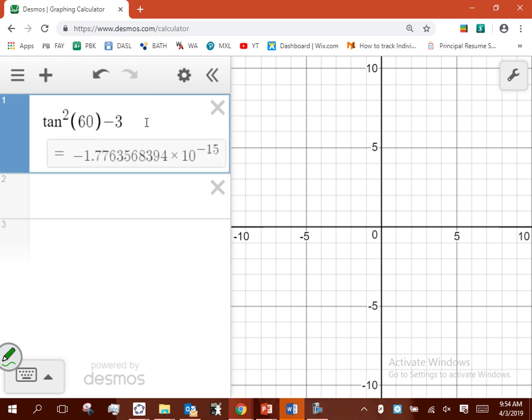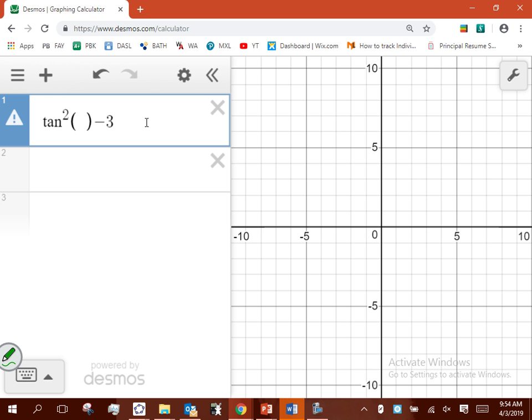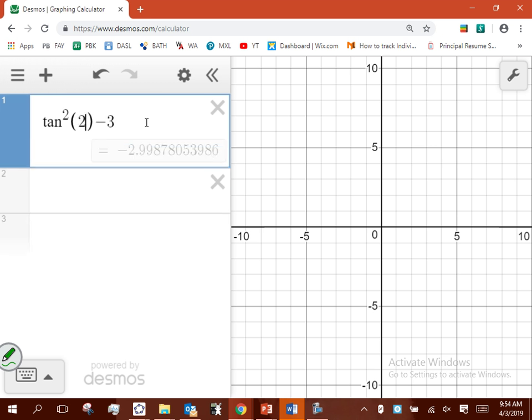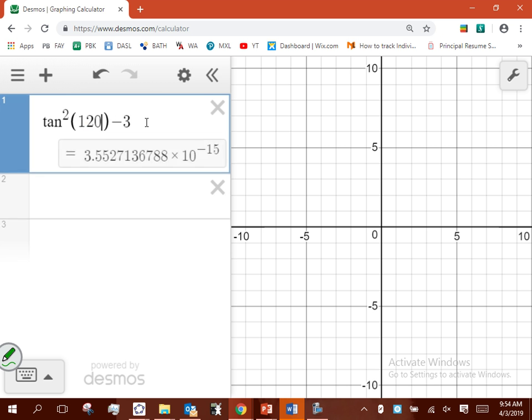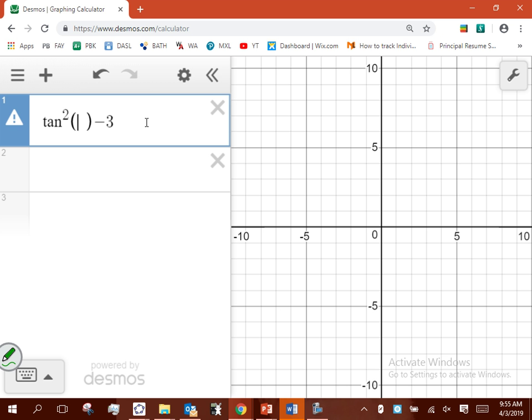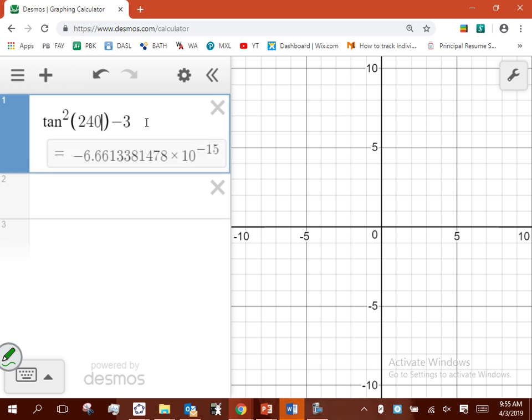Now, here's the thing. It doesn't give me necessarily the visual 0 back. But what is that number? That's 14 zeros followed by a 1, right? Is that 0 for our purposes? Yeah. So 60, and what did we say that other one was? 300. Then 120, and then 240.